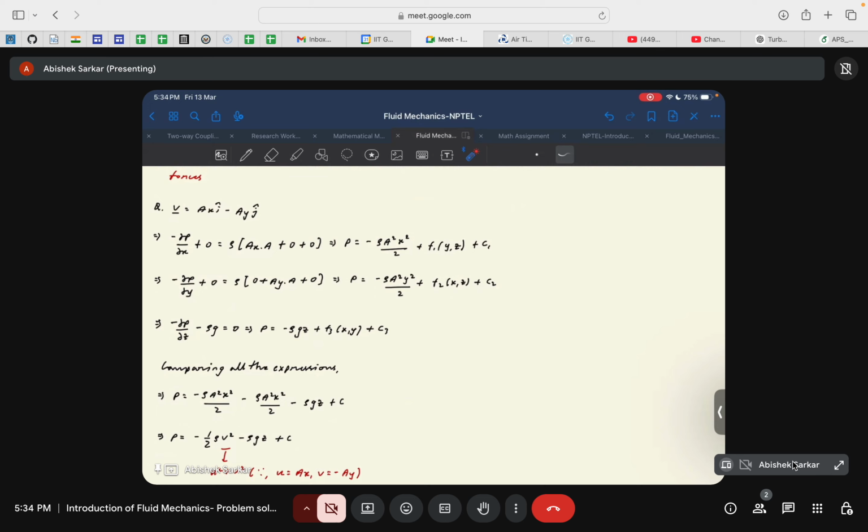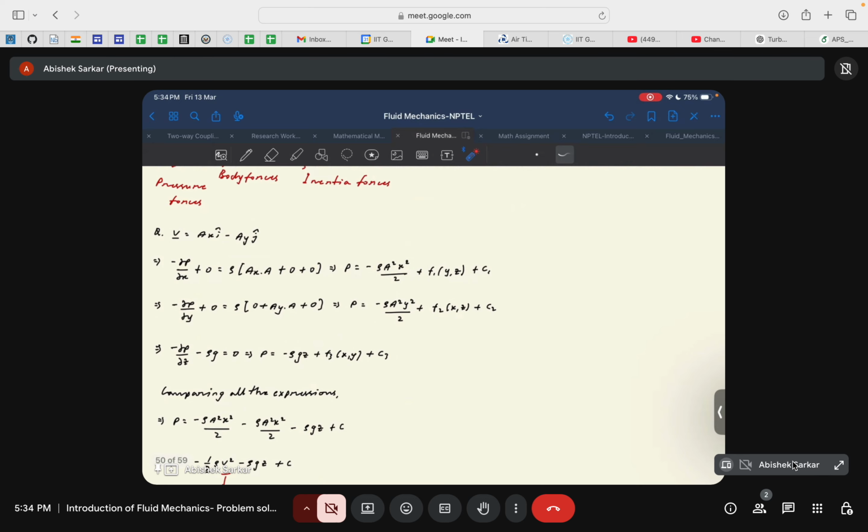Let me just reiterate what you need to do. Gravity acts along the negative z direction.